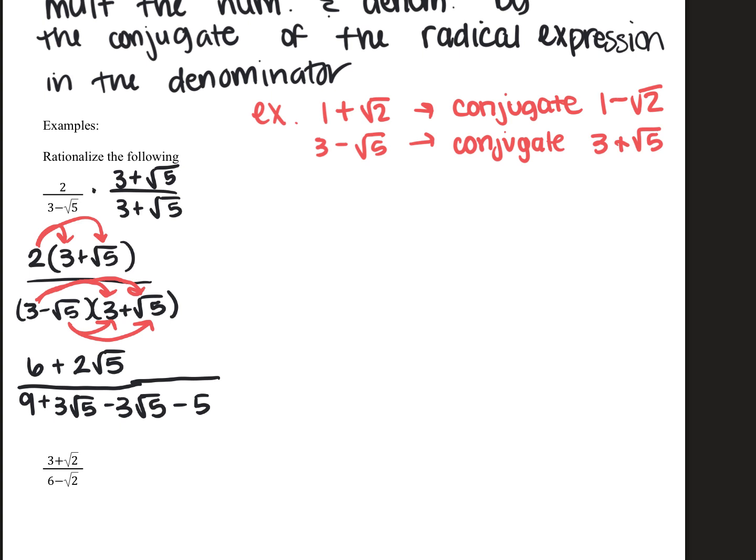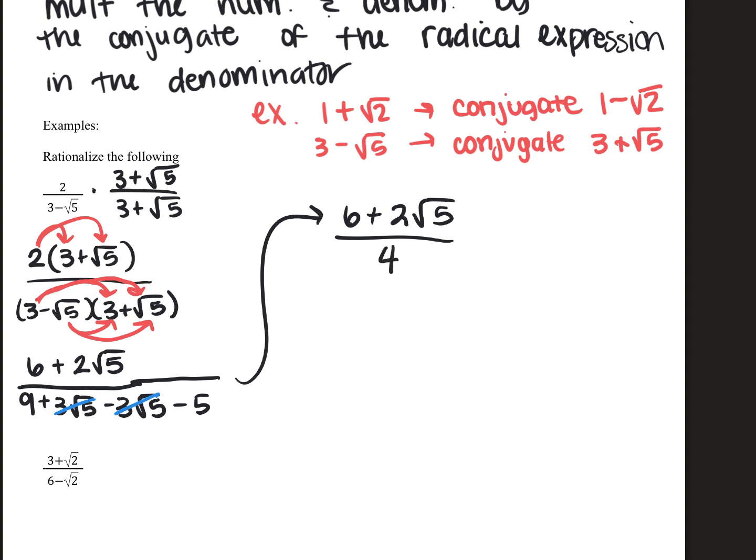So the whole entire point of multiplying by a conjugate here, you're like, oh, well, I still have radicals. Well, positive 3 square root 5 and negative 3 square root 5 are going to cancel. And I'm going to end up with 6 plus 2 radical 5 all over, and then 9 minus 5 is going to give me 4.